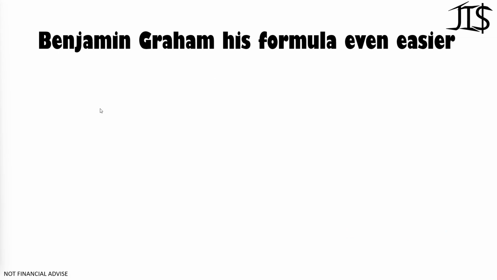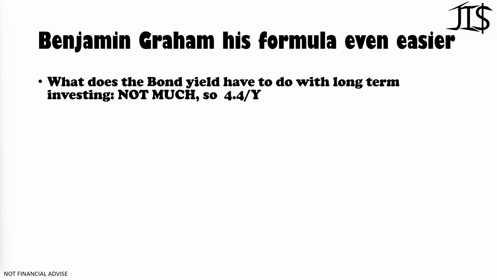So if we want to make it easier, you can say that we are long-time investors, so the bond yield for us isn't that important. So the factor of times 4.4 divided by the current average yield on corporate bonds, we can scrap that.